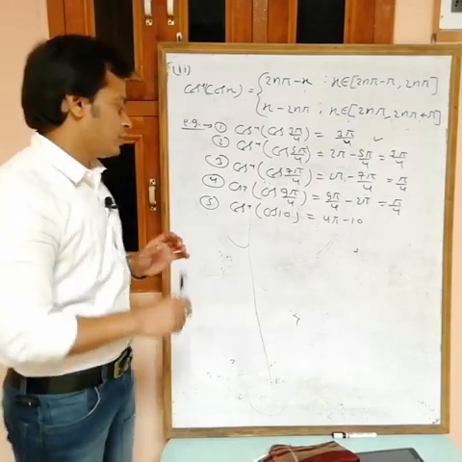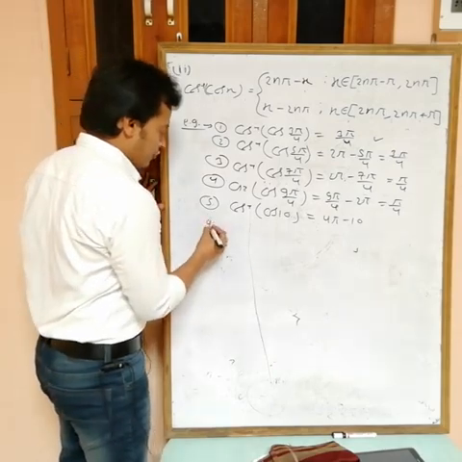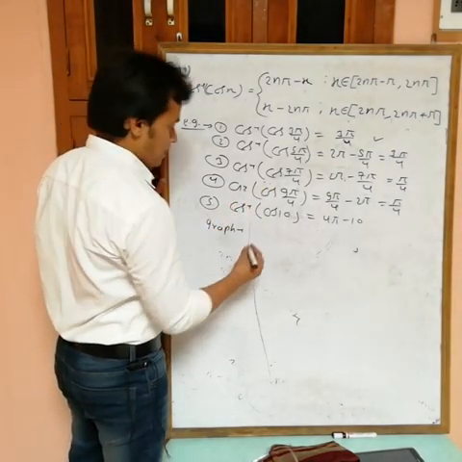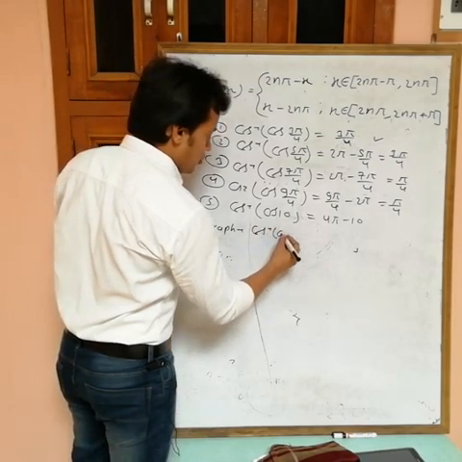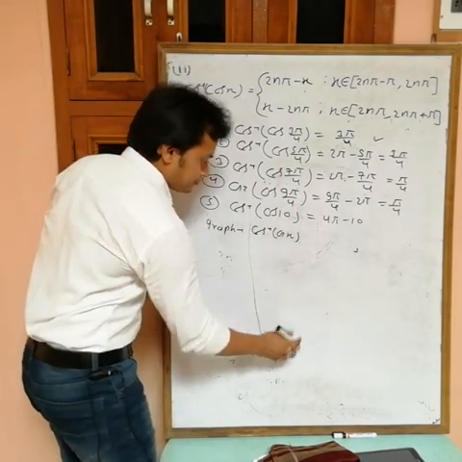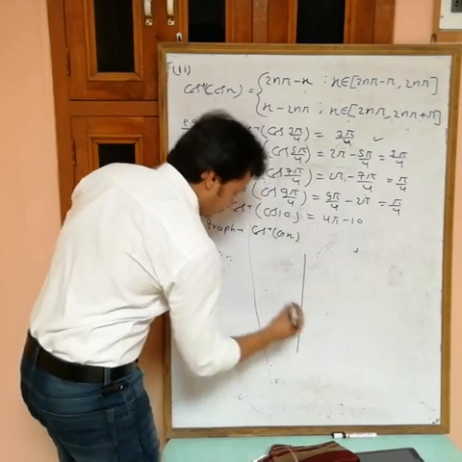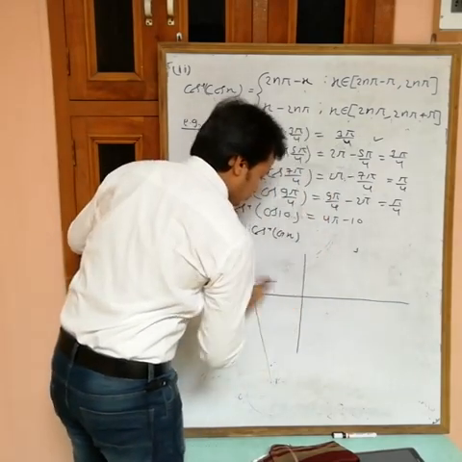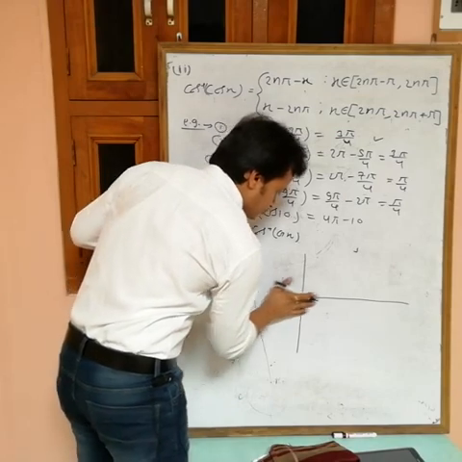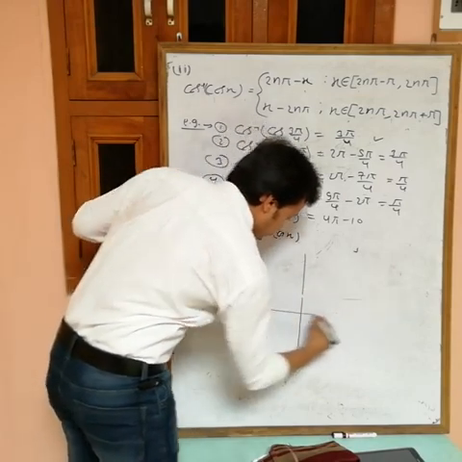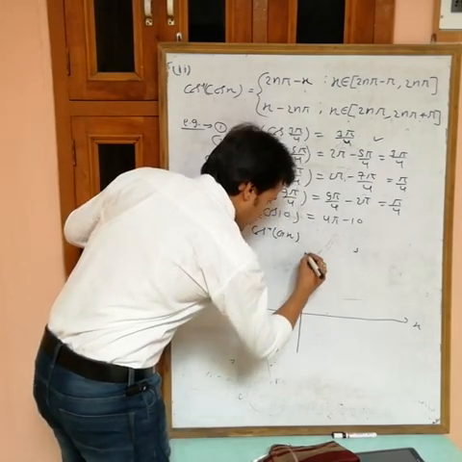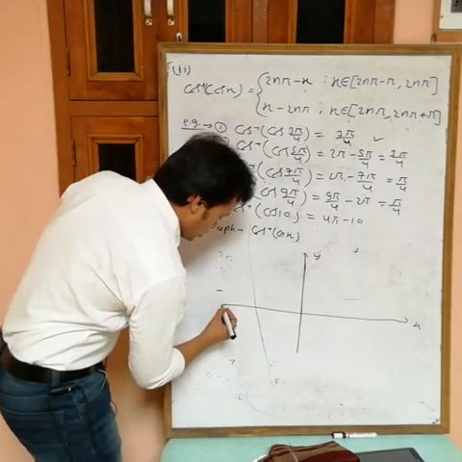Okay. Now if you draw the graph of cos inverse of cos x, this is the x axis and this one is the y axis.